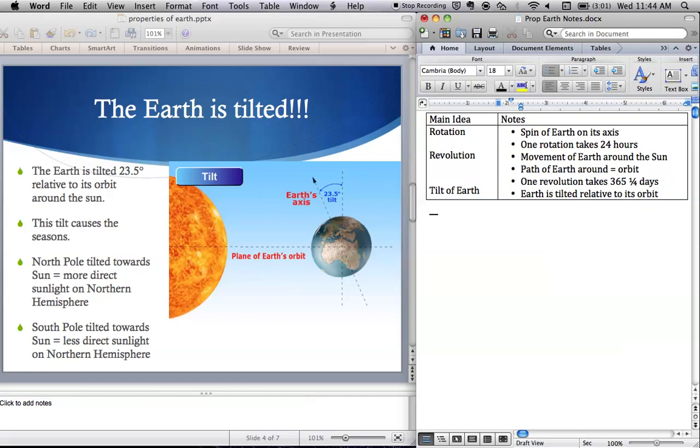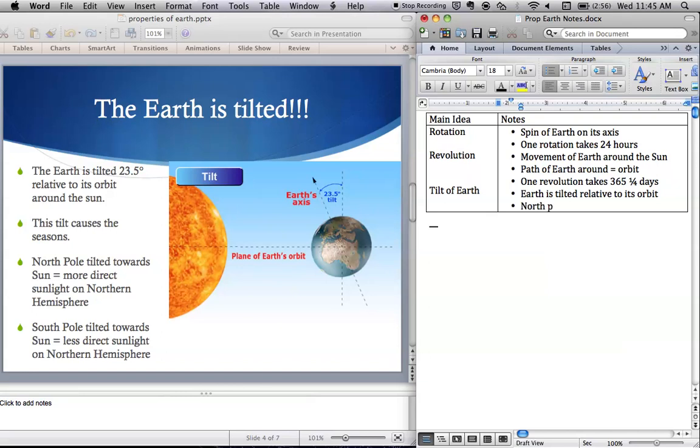So the axis, the line between the North and South Pole, which we can see here, the South Pole down here, the North Pole up here, isn't straight up and down compared to the Earth's orbit. It's tilted, which means sometimes the North Pole is tilted towards the sun, sometimes the South Pole is tilted towards the sun. And this tilt causes the seasons.